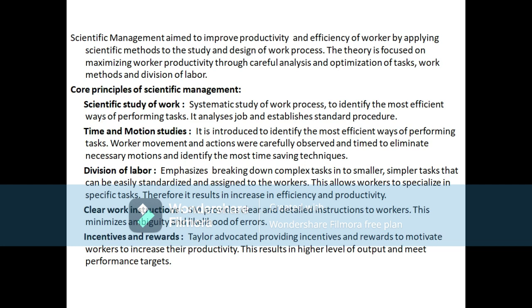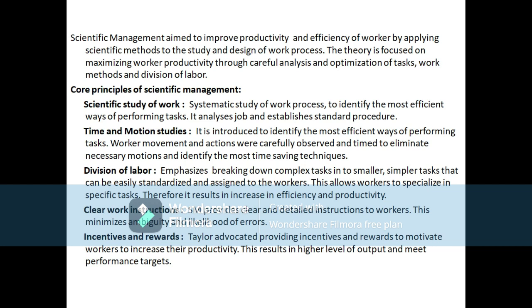Whenever the task is divided into simpler, smaller portions, the worker assigned to that particular job will be specialized in that task. Why? Because doing the same work repeatedly makes him specialized in that work. So this results in the increase in efficiency of that worker, and as the efficiency increases, it results in the increase in productivity, the increase in output.